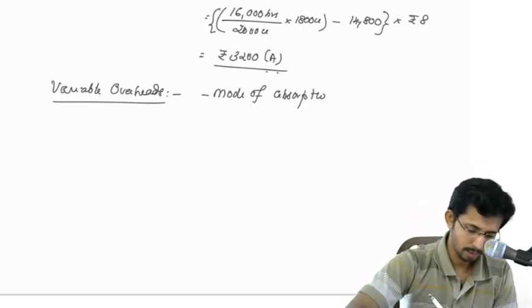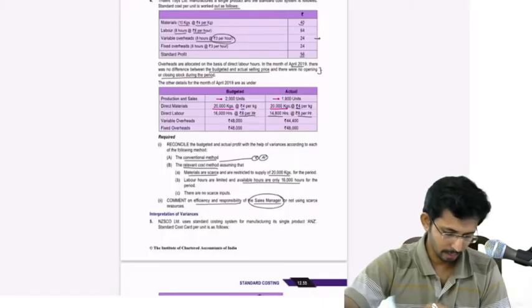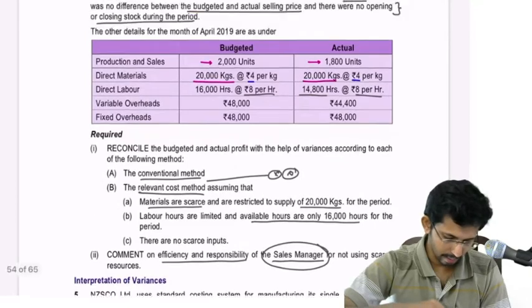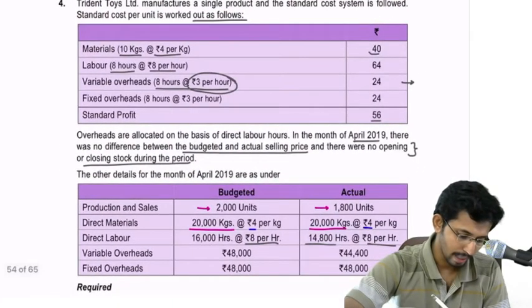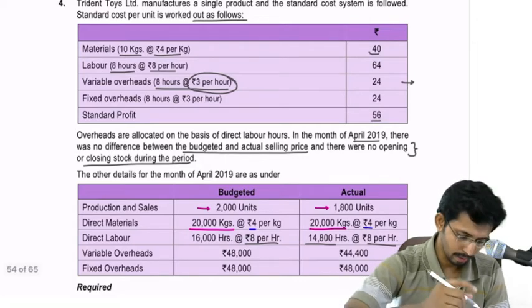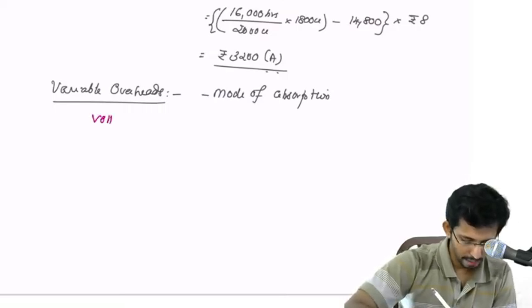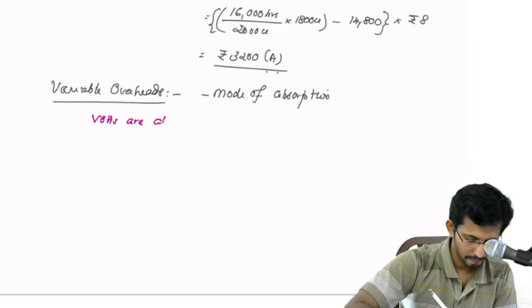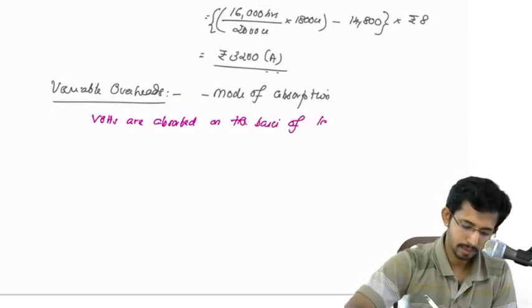If you see the question here, you can find out that the variable overheads are absorbed on the basis of labor hours consumed. So you can write: variable overheads are absorbed on the basis of labor hours consumed.